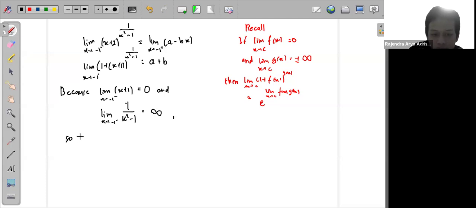So the equation above becomes, the limit as x approaches -1 from the left, and we can just see here, and wait, the f1 is this one. I got mixed up, sorry.